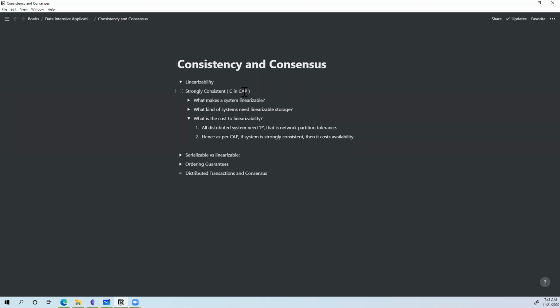All our distributed systems need network partition tolerance, because these distributed nodes are connected through a network. And we discussed in the last chapter that these networks are not reliable. They may have unbounded delays, and there might be network failures. So any distributed system needs P.